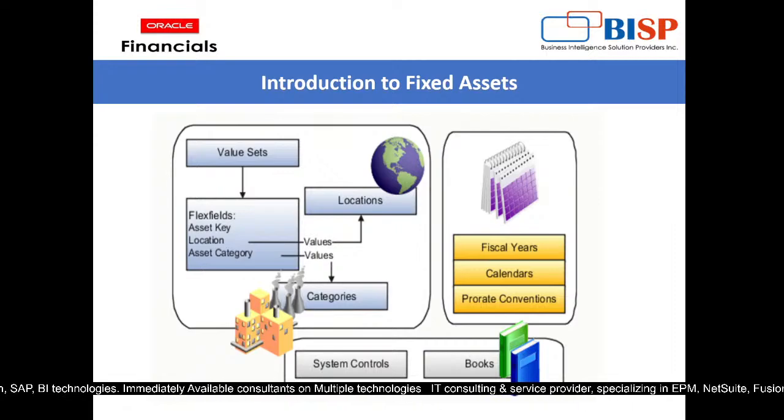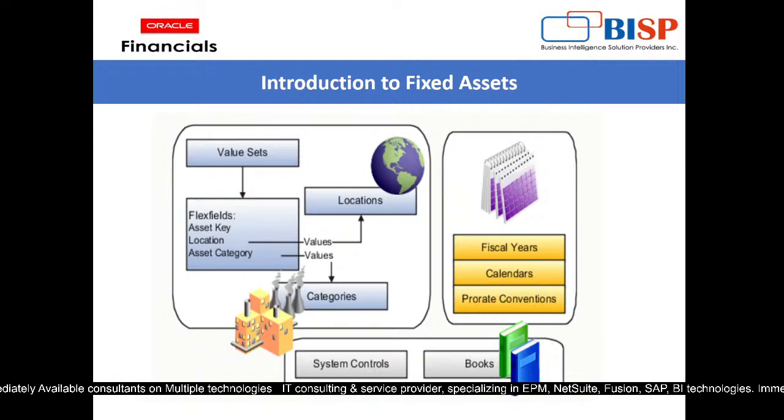So we will begin from here, the introduction to the fixed asset. So fixed asset refers to the long-term assets that are used in the operation of a business. They provide long-term financial benefits, having a useful life of more than 1 year.